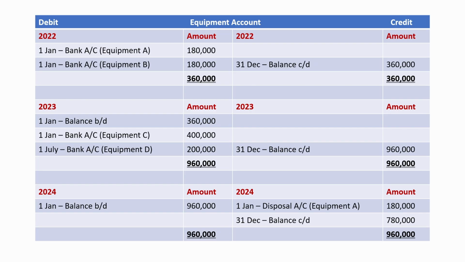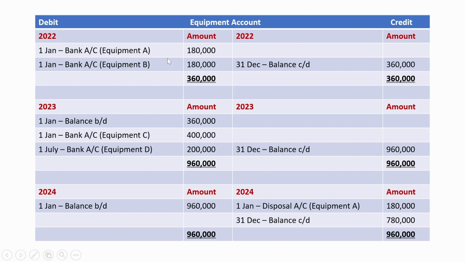In the question it was not clear, so we just write bank account, because when you go to the bank account, you are going to credit the bank account. So here we debit the equipment account and call it bank account. There was no other transaction that took place in the year 2022.